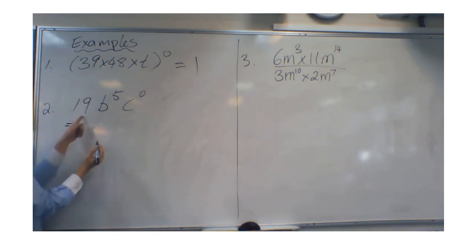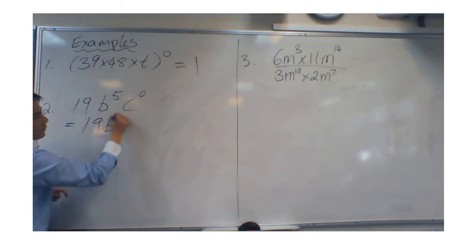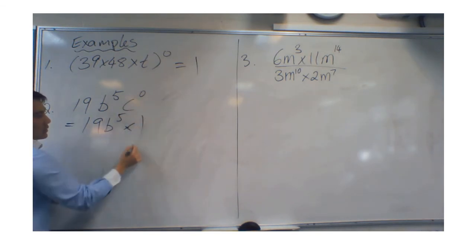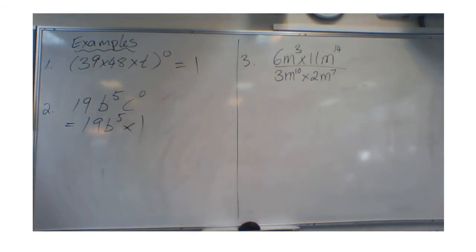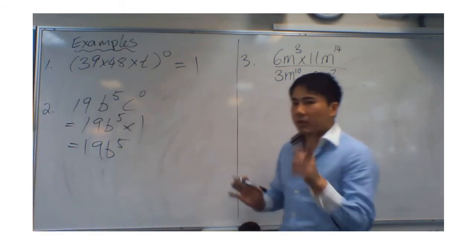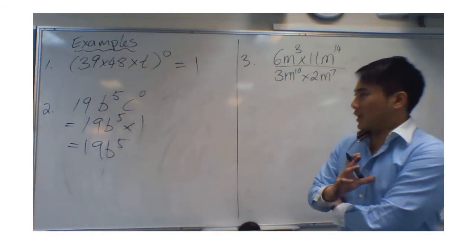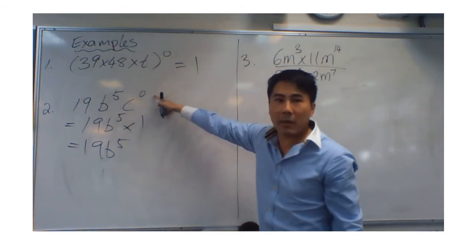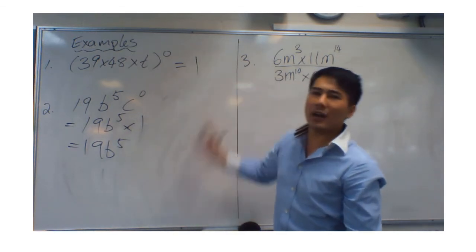Okay, so 19 will stay the same, b to the power of 5 will still stay the same, c to the power of 0 becomes 1, multiplied. So your answer would just be 19b to the power of 5. So please make sure you don't make the mistake of automatically assuming that whenever you see c to the power of 0, you're going to say, oh yeah, it's going to be 1.